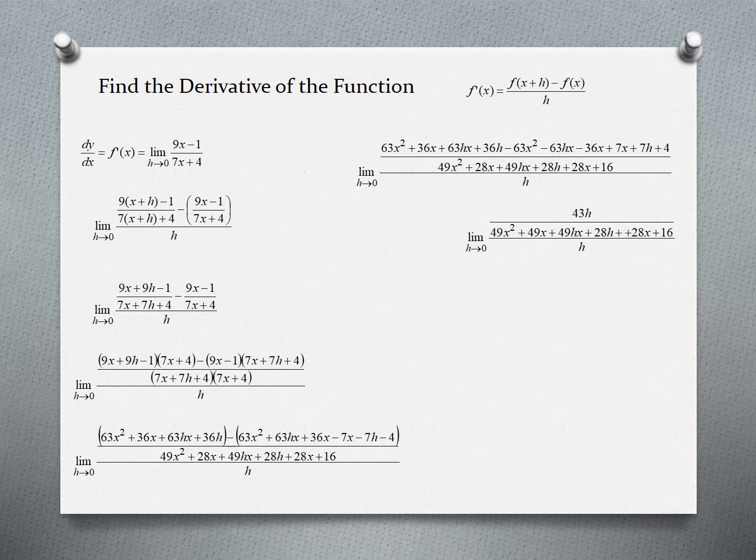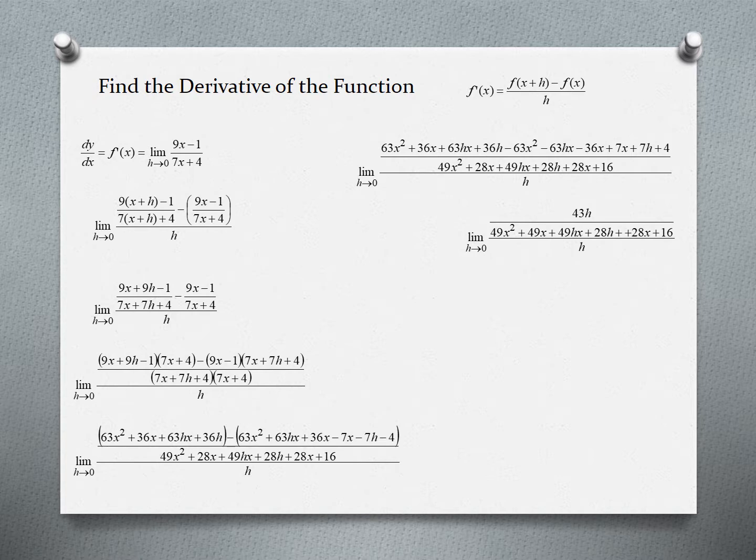One beautiful thing about the way this procedure turns out is we get lots and lots of cancellation. Notice how that entire upper numerator narrowed itself down with all the cancellations to 43h in the numerator, and that's all we're left with.